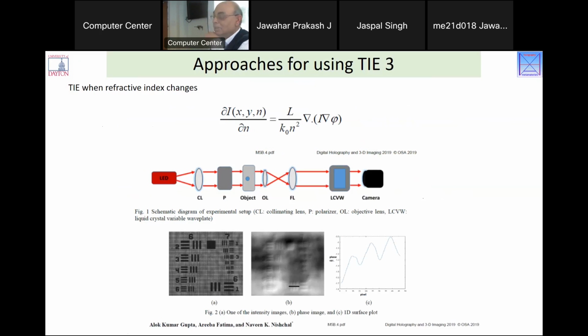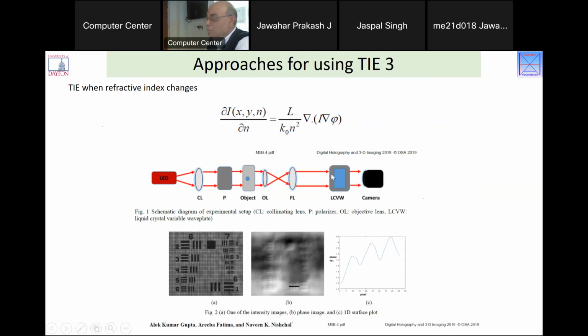Oh, nice. So they worked on using a liquid crystal, which you can change the birefringence and thereby also change the path length. I don't want to get into all the details. The main detail here, in a simplified form, is this equation. Remember, the transport of intensity equation was written before as del I del Z. Now it has changed to del I del N. Again, they started from the paraxial wave equation, but instead of having just K0, they modified it to n times K0, and the n came in from the refractive index birefringence of the liquid crystal, which is voltage dependent.